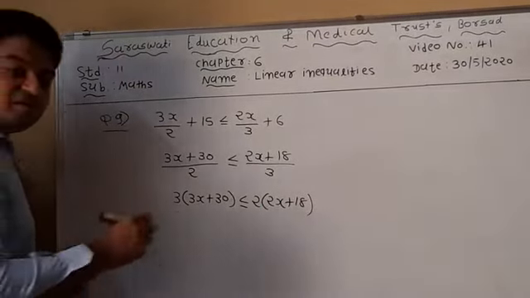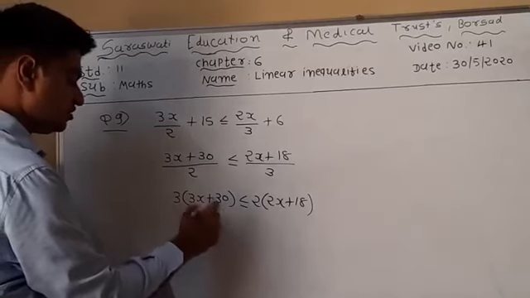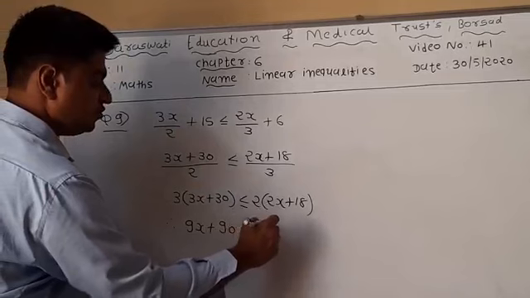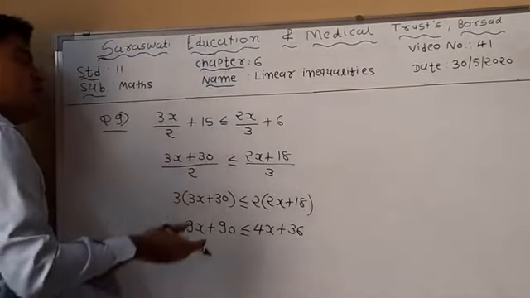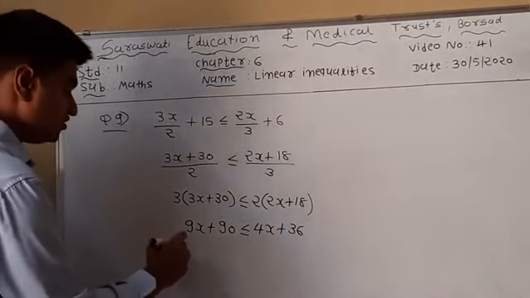Now after opening the bracket, 3 times 3 is 9x plus 30 times 3 is 90, less than or equal to 2 times 2 is 4x plus 18 times 2 is 36. Write the x terms on one side and the constant terms on the opposite side.